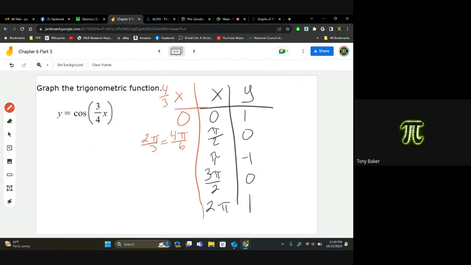Four thirds times pi is 4 pi over 3. 3 pi over 2, so we have 12 pi over 6, which is 2 pi. And then 2 pi times 4/3 is 8 pi over 3.